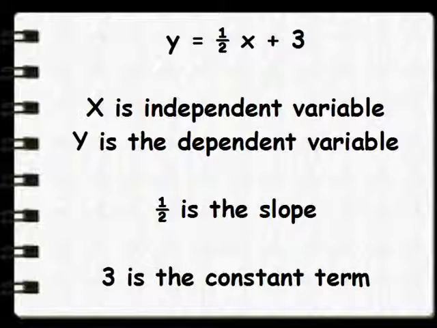So let's look at an equation, y equals 1/2 of x plus 3. So we know that the x is the independent variable, the y is the dependent variable. Okay, check, got that. So now we take a look and we see the 1/2, and that's separated by the numerator of 1 and the denominator of 2. Okay, we also have a plus 3, the constant term.